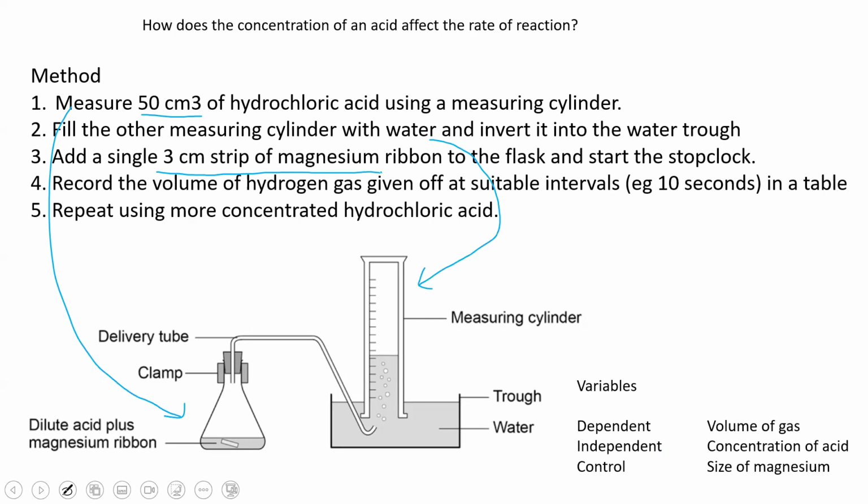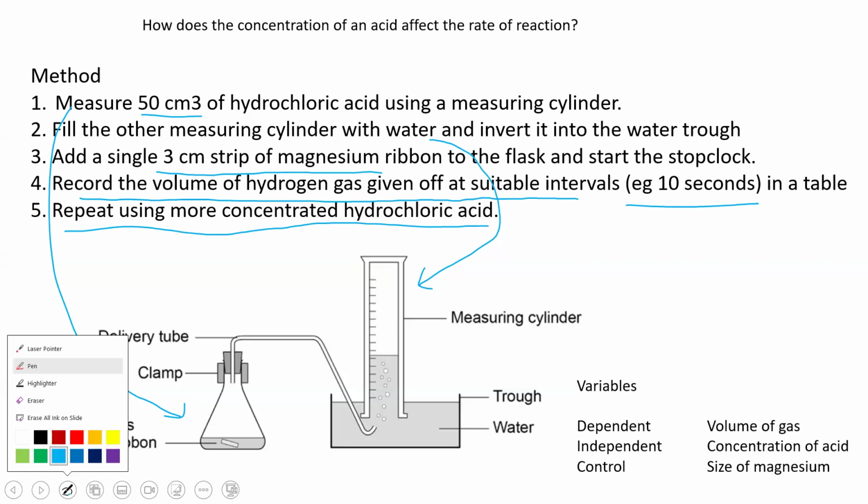Record the volume of hydrogen gas given off every 10 seconds or every minute, or record the time it takes to get to 80 centimeter cubed. It's a difficult one again to predict, but if we go with this, record the volume of the hydrogen gas given off every 10 seconds. And then if they're asking about concentration of acid, repeat using different concentrations of acid.